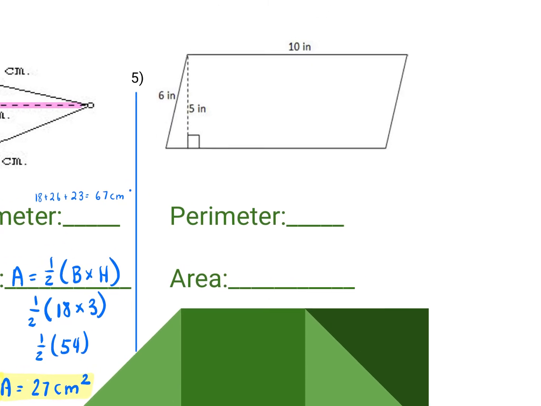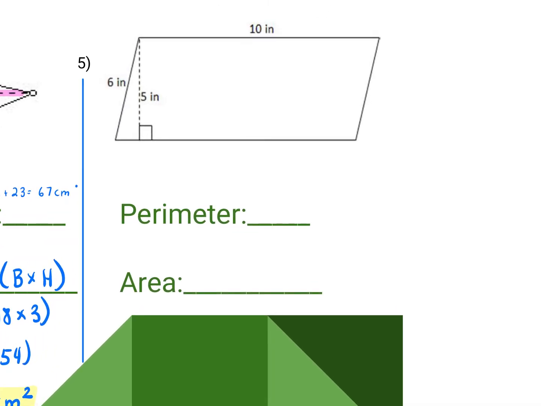Okay, this last one, with our parallelogram, find the perimeter and the area, and then you can show me or message me. To find the perimeter, we need to add our outside: 10 plus 10, 6 plus 6. So that gives us 32 inches.